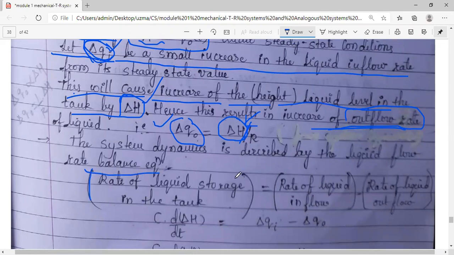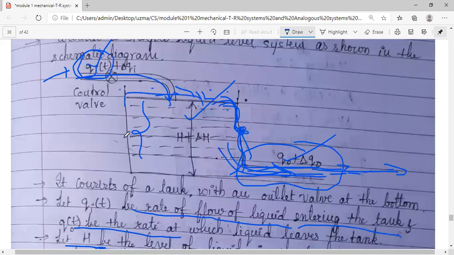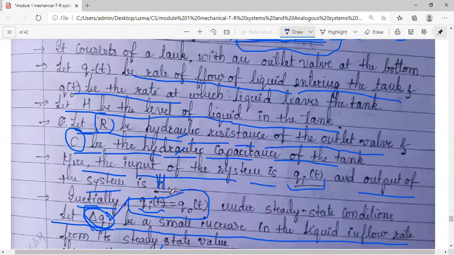The rate of liquid storage in the tank: how much value is stored here, how much amount will be stored. Whatever you supplied and whatever went out, if you take the difference, you will find how much is stored inside. If you take the difference you will get how much liquid is stored inside the tank.